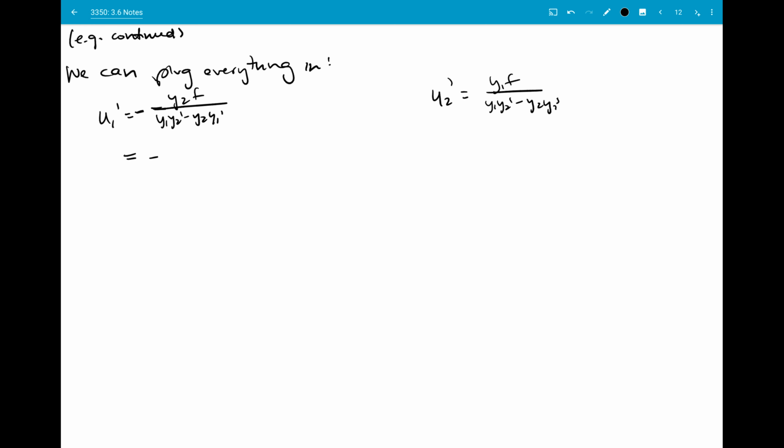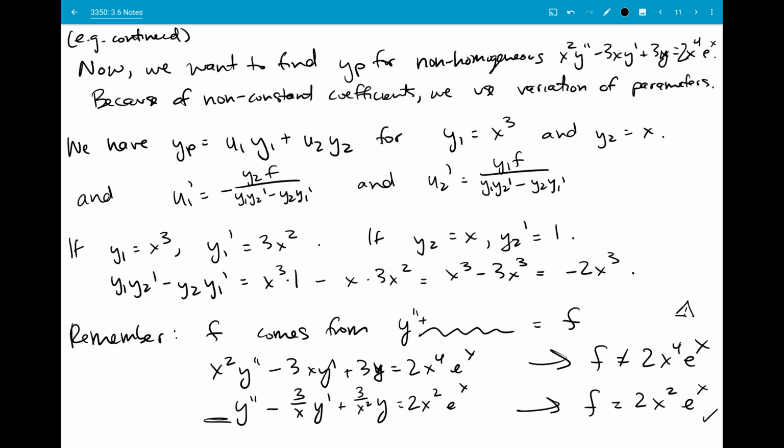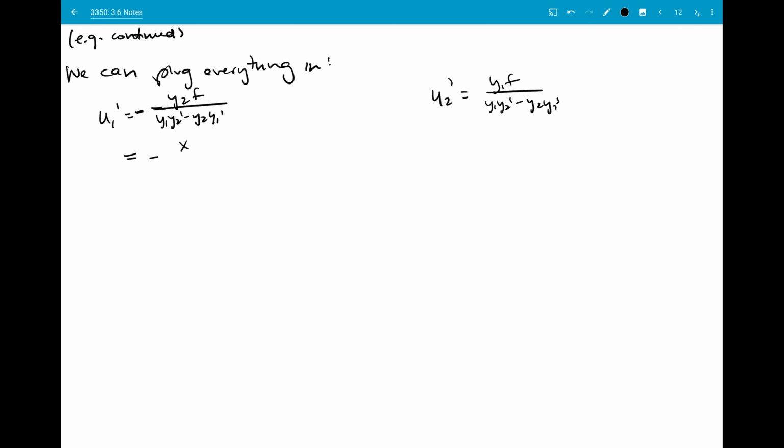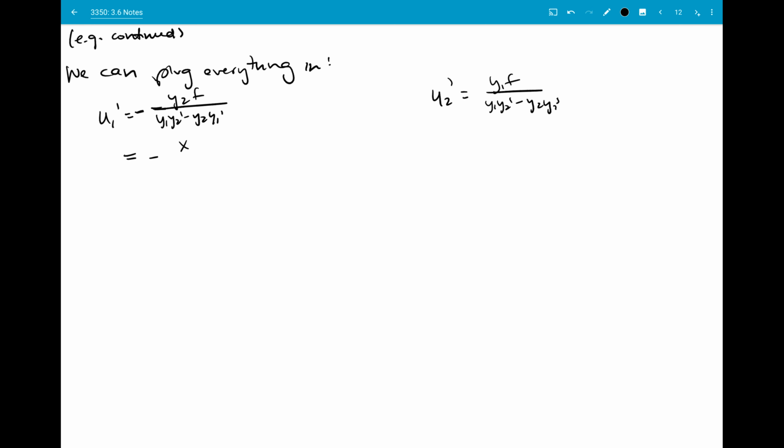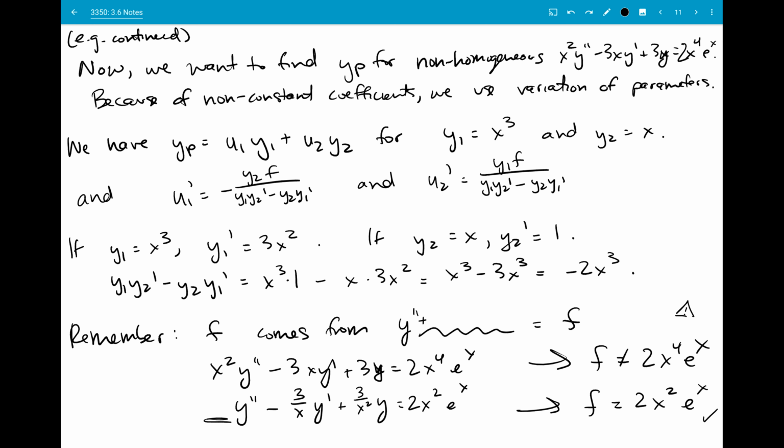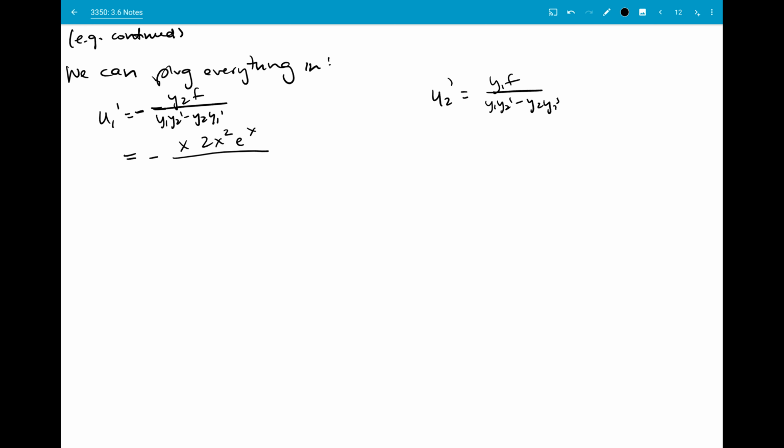So I've got minus, let's see, y2 I said was x. I've got minus x, f is 2x squared e to the x. So 2x squared e to the x. And then when we calculated our denominator here, we got minus 2x cubed.